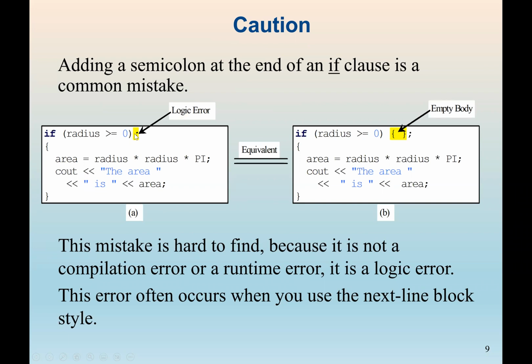Otherwise, we get a logic error. This is not a syntax error, so the program will execute and everything will work. But now this, if radius is greater than or equal to 0 with a semicolon, means it's no longer a condition but rather a statement. So it won't have any effect on what we have in the braces here.